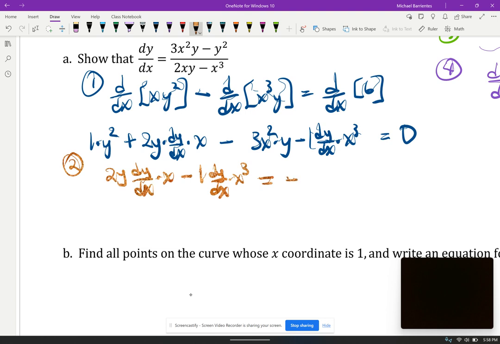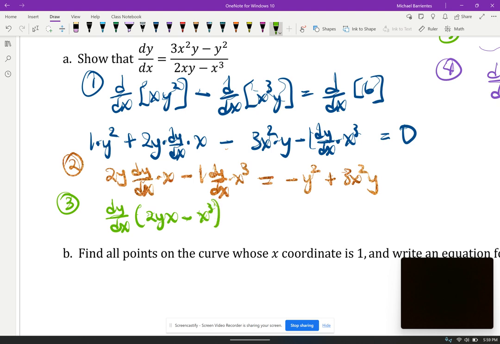So it's going to become negative y squared. And this minus 3x squared times y will become plus 3x squared times y. And then I can factor out a dy/dx. So dy/dx times 2yx minus 1x to the third.